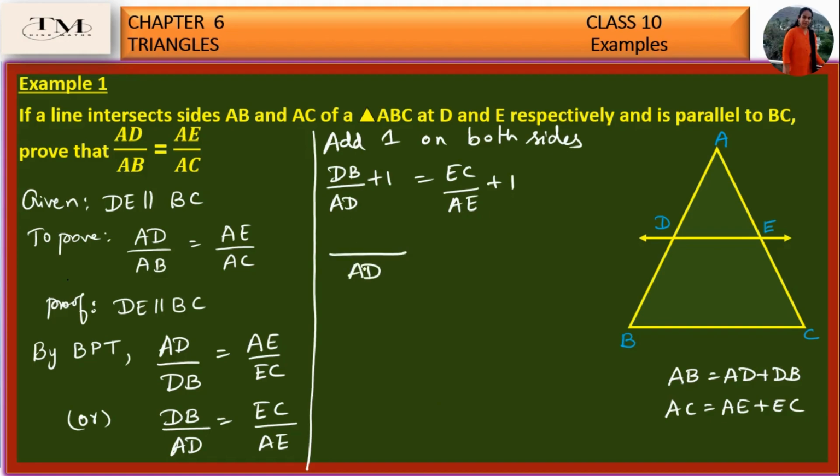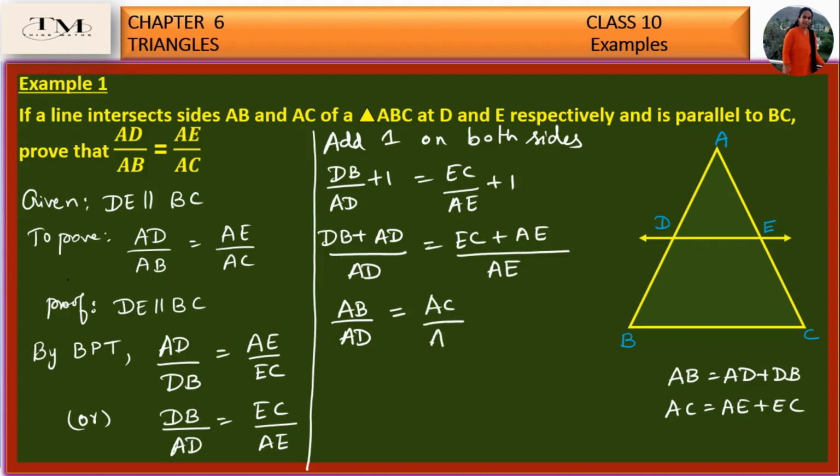LCM is AD, so DB plus AD equal to EC, and here LCM is AE, so EC plus AE. What is DB plus AD? It is AB. So AB by AD equal to EC plus AE, which is AC, so AC divided by AE.